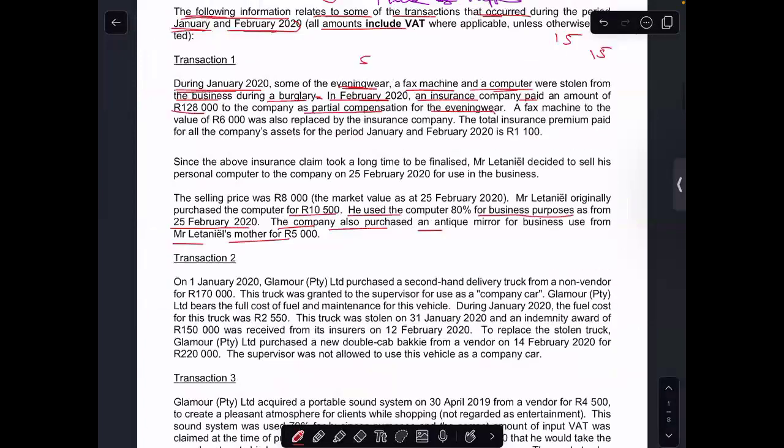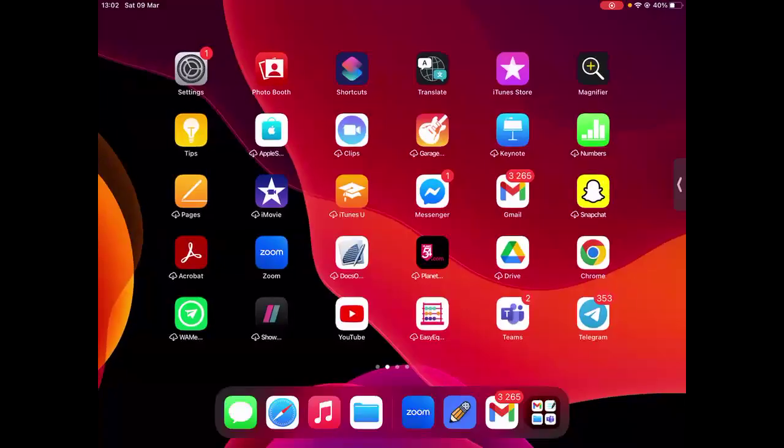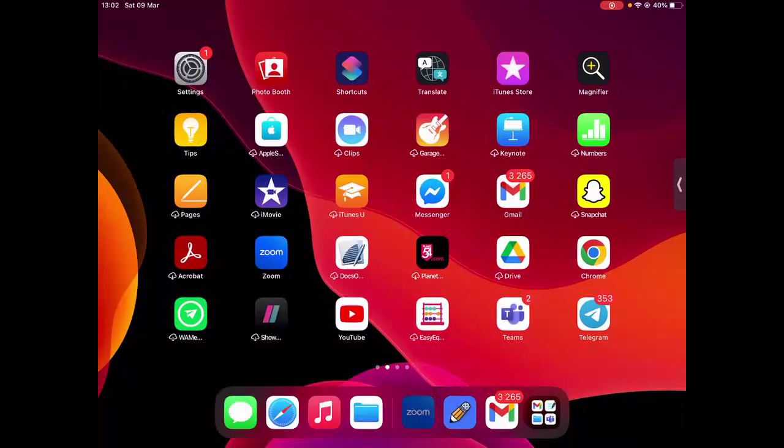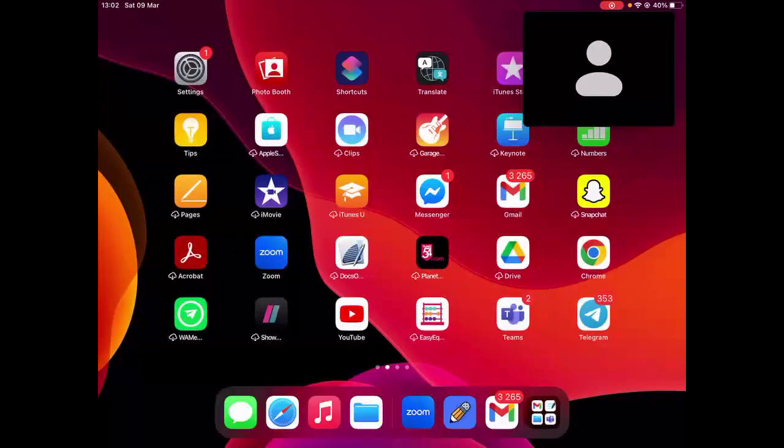Right, continue. They said a fax machine to the value of 6,000 was also replaced by the insurance company. What do we do with this one? Are we going to calculate the VAT output on it or not?